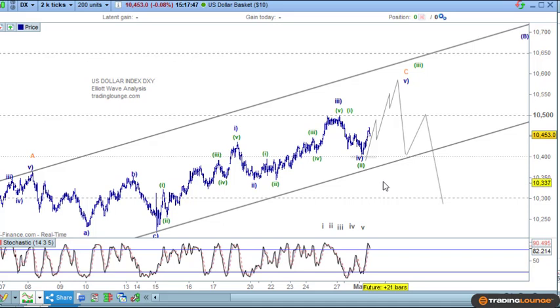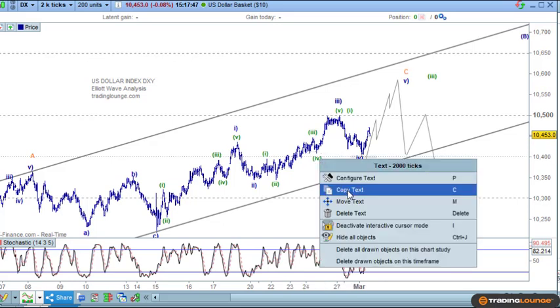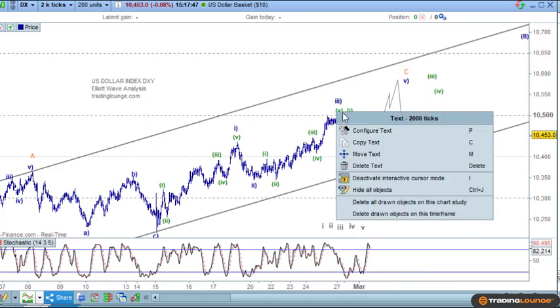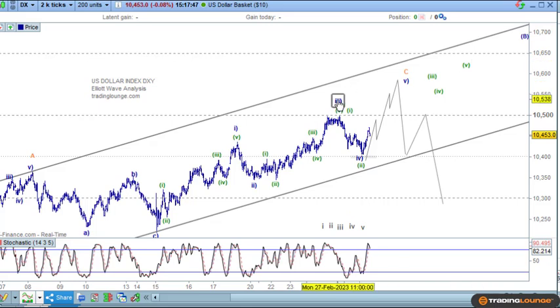The other way that we could count this is look at this as wave 1 here and wave 2 here, and then look at this as wave 1 to the upside and wave 2 here in green, and then wave 3 here in green, and then wave 4 in green, and then wave 5 in green to make wave 3 up here. So that's the other way we could go with it.